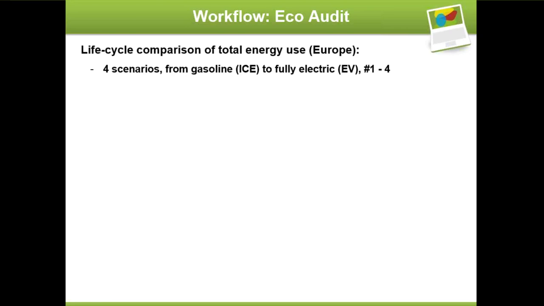The next slide after the workflow, I will look at the result of the Eco Audit and show the main features of that, and then I will actually go into EAG Pack and show you how you can achieve a result like that. We will study 4 different scenarios, from gasoline engine, which is an internal combustion engine, ICE, all the way to a fully electric vehicle.